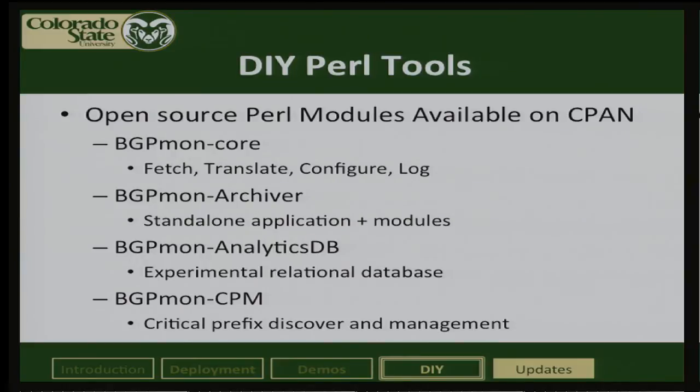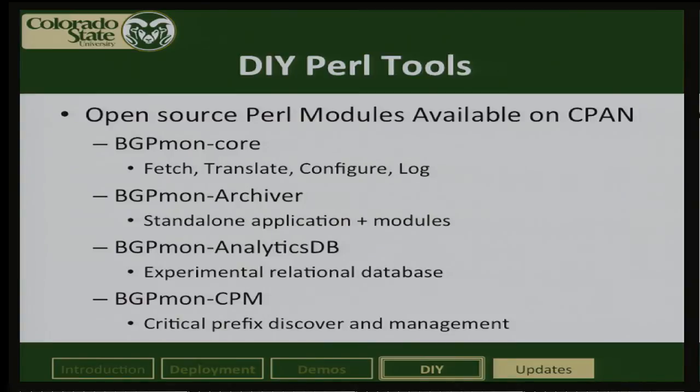It fetches the data for you, parses the data one message at a time. You then have a choice. You can either translate that data into a Perl hash or an object, or you can examine the data directly as XML using your favorite XML parser. And we also provide basic modules that help with configuration and logging so that all of the BGPmon tools have a common interface and behave in a similar manner.